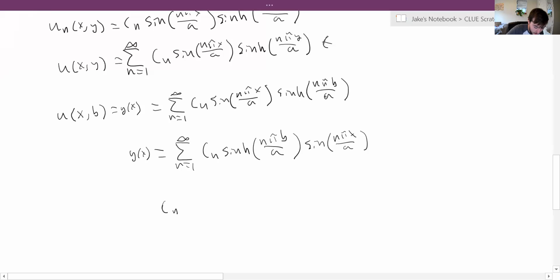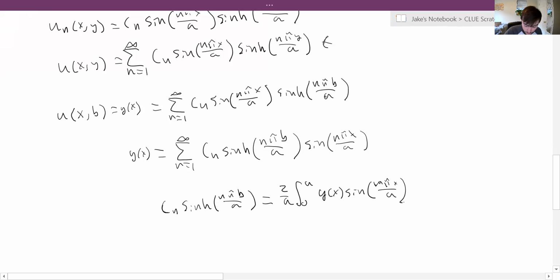So what we know is that c sub n times hyperbolic sine of n pi b over a is equal to 2 over a, where a in this case is our L, if that helps, times the integral of g of x times sine of n pi x over a dx.